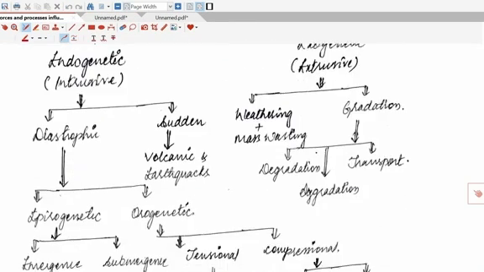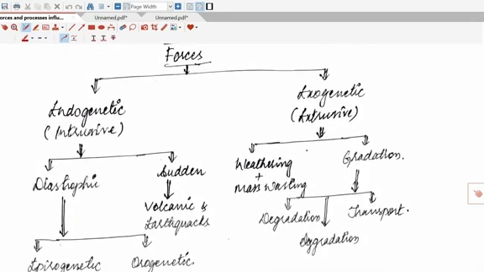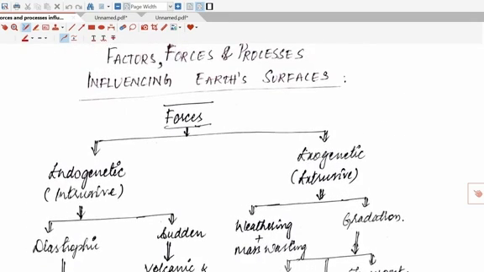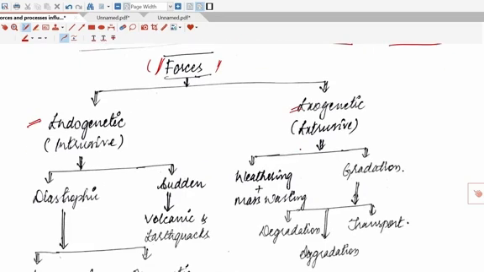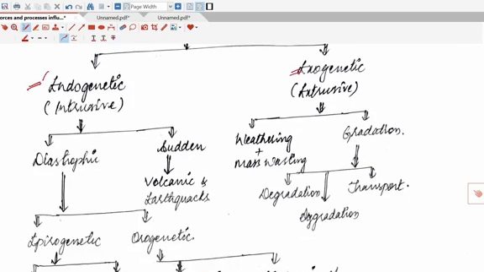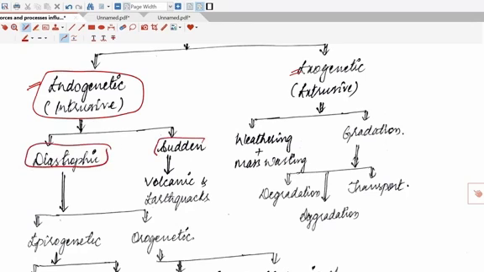These are my handwritten notes which I have made. I will share these notes with you, on the factors, forces and processes influencing the Earth's surfaces. These are the major factors. The first is endogenetic and the second is exogenetic. Endogenetic is roughly classified into diastrophic and sudden forces.